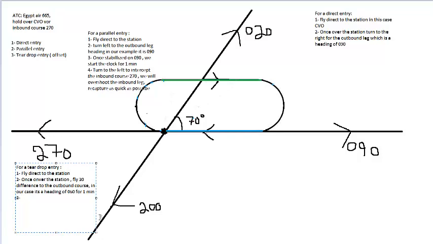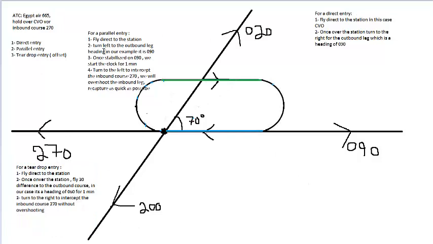And once we do the 1 minute on heading of 060, all we need to do is start turning to the right to intercept the inbound course 270 without overshooting this time. In the teardrop, not in all cases, but most of the time, you don't overshoot if you fly it accurately.